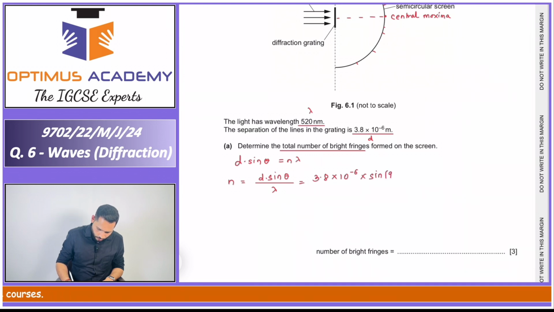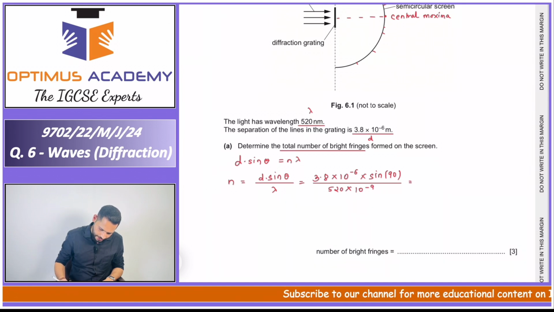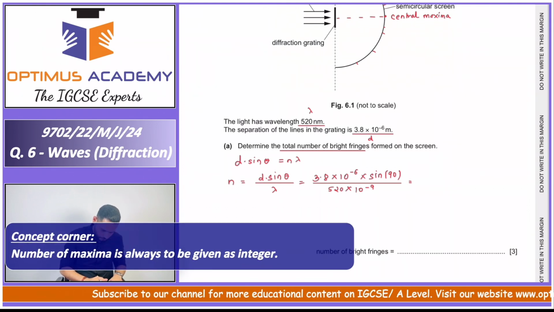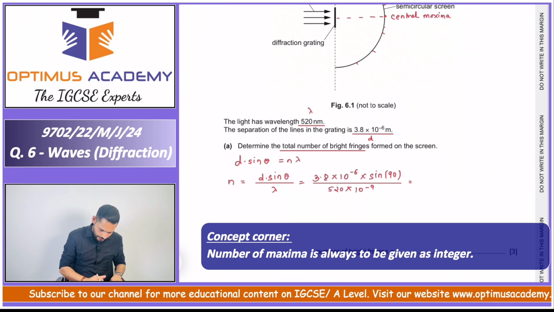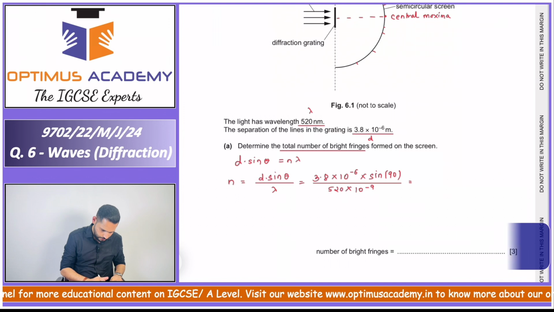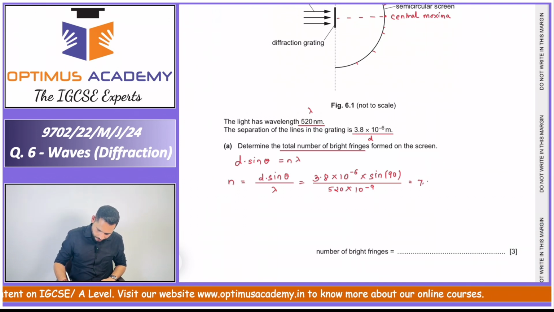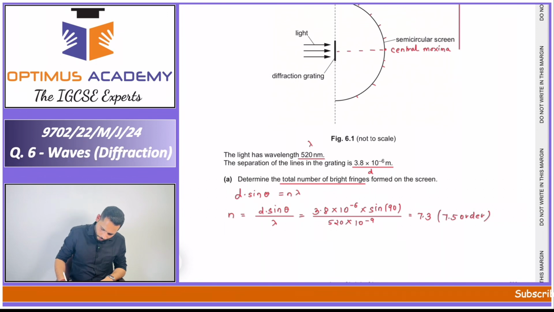Since the light is falling normally, the angle value will be 90, divided by lambda, which is 520 nanometer, so it is 520 into 10 raised to minus 9. So the answer that we get here is 7.3.